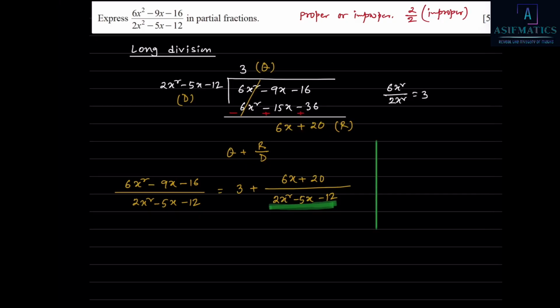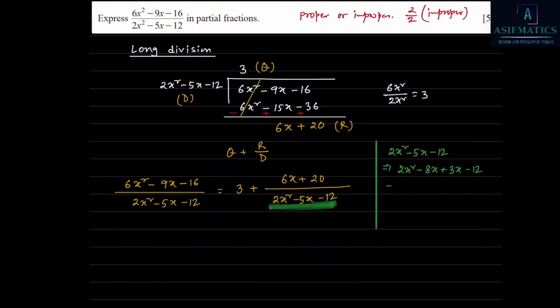So if we do a small working here, this quadratic is 2x square minus 5x minus 12. If we factorize this one, we can quickly write 2x square minus 8x plus 3x minus 12.